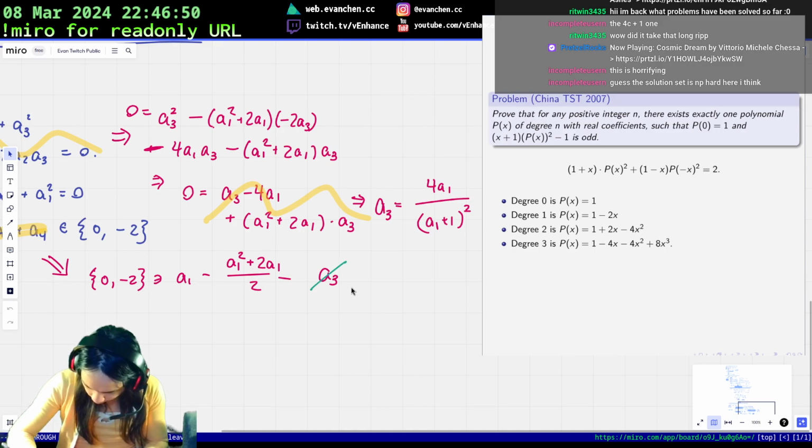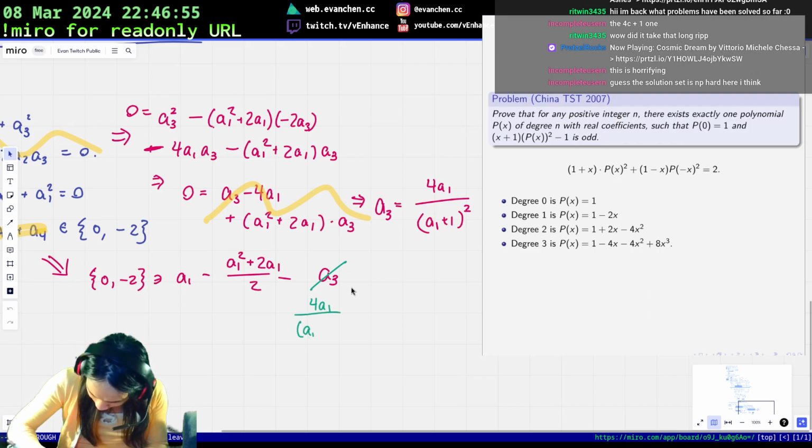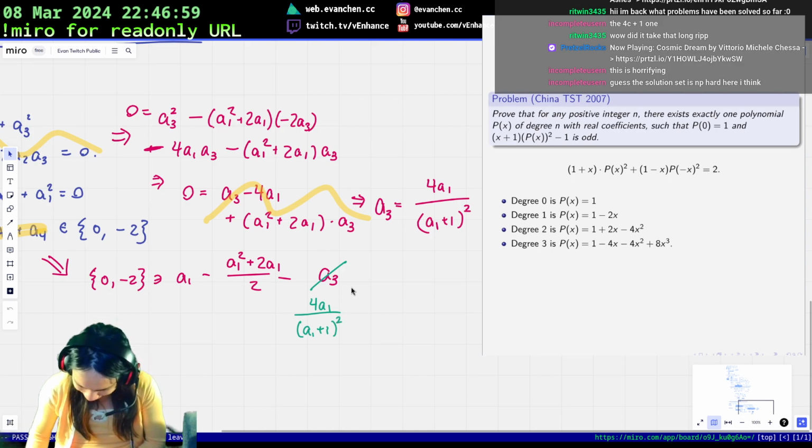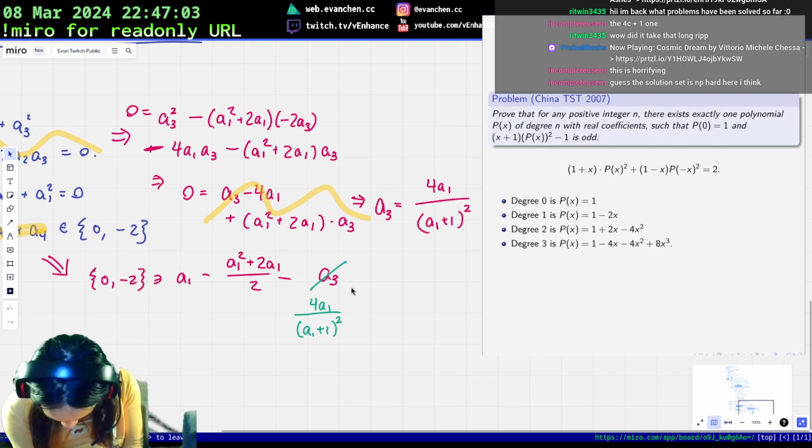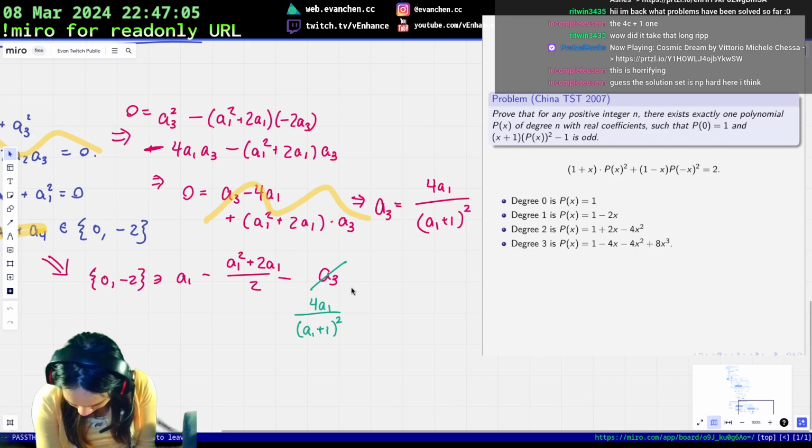I mean, wait, let's replace this with this, alright. Okay, great. I have it down to a quartic polynomial in A1 with 2 possible values on the left hand side. I'm just gonna plug in A1 equals -2 because I feel like that has a pretty good chance of working.